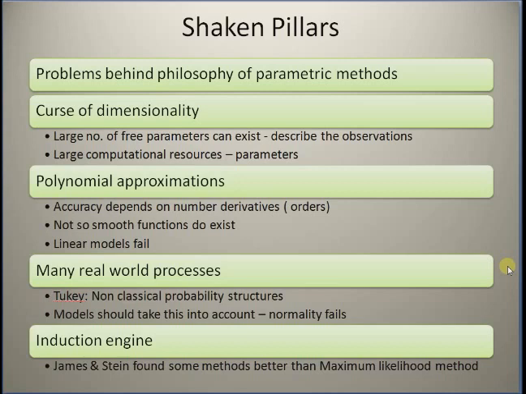And finally, the induction engine, that is the maximum likelihood method, is found to fail in some approaches. For example, James and Stein found out that there are methods, especially for estimating a large number of parameters, that are uniformly better than the maximum likelihood estimation. Hence, a new statistical inference approach is required in place of the parametric approach.